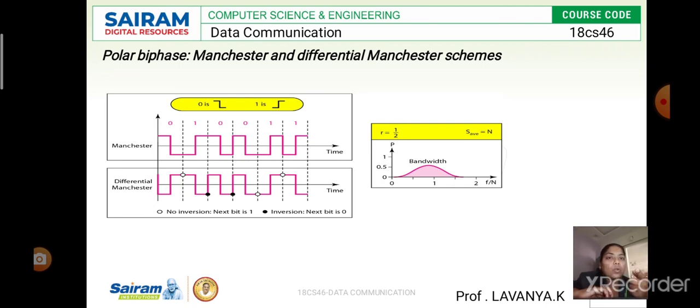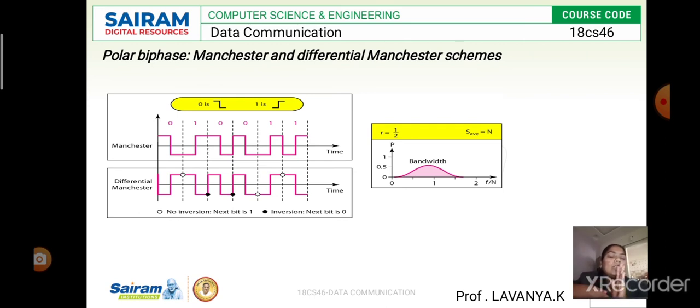Again if it is 0, it should be a low to high. Again if it is 0, it should be low to high. Again if it is 1, it should be low to high. Again if it is 1, it should be high to low. Until the next bit is a 1, they keep on fetching the previous value.